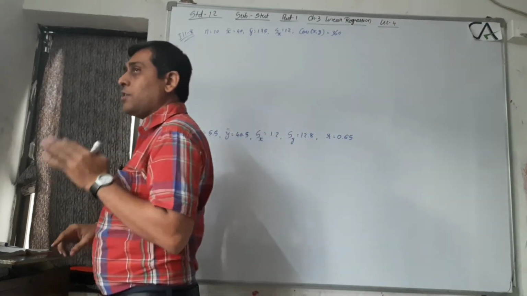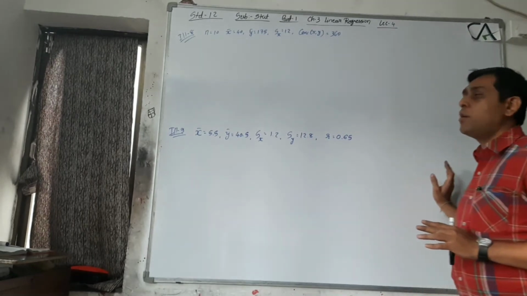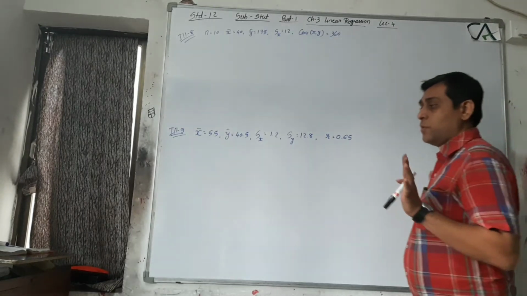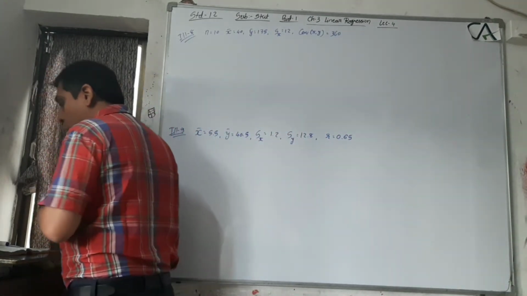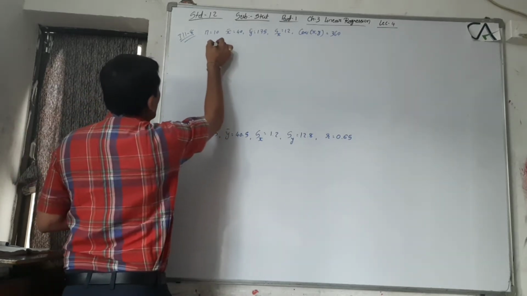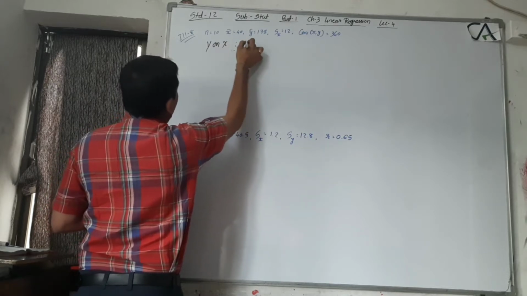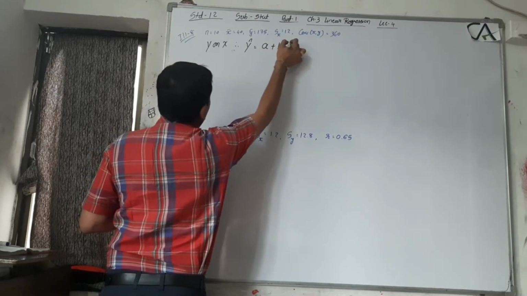In statistics, if you don't remember all the formulas, then you cannot calculate all the sums. So first of all, learn all the formulas. Obtain the regression line of y on x. So here y cap is equal to a plus bx.